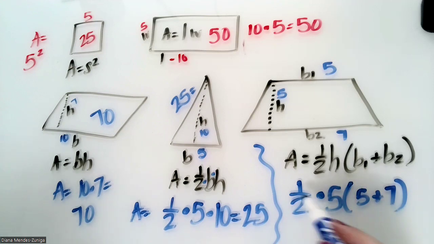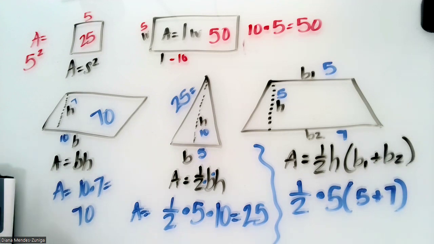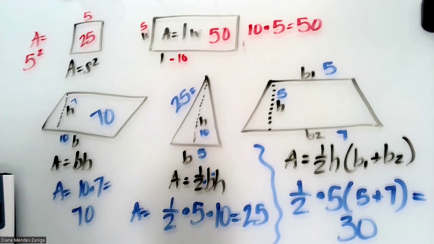So now we have 1/2 times 5, parenthesis 5 plus 7, because this is our base 1 and our base 2. If you plug this into your calculator exactly like this, 1/2 times 5, and then parenthesis 5 plus 7, close parenthesis, you get 30. Once again, on geometry or anything involving mathematics, you should be using your calculator to figure out these general numbers.